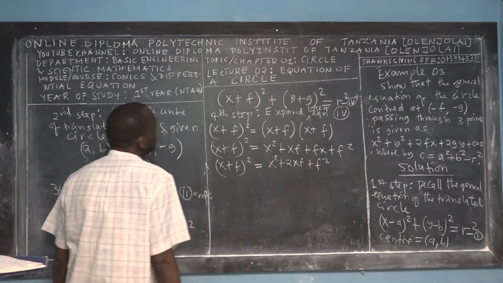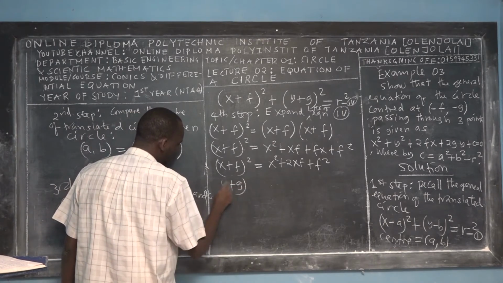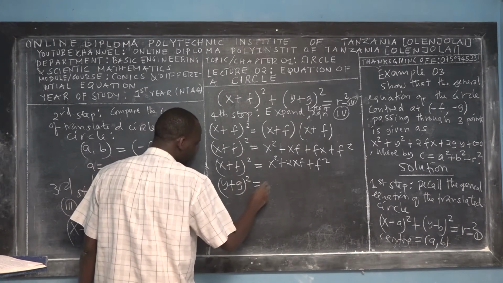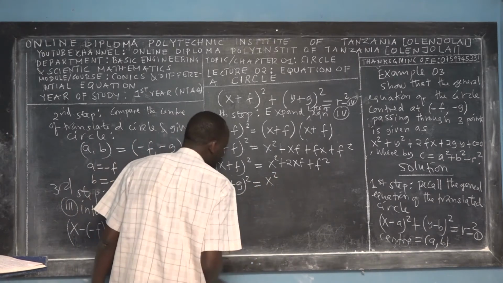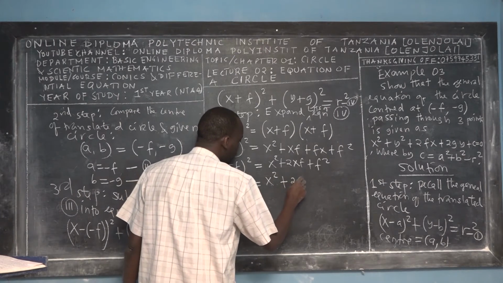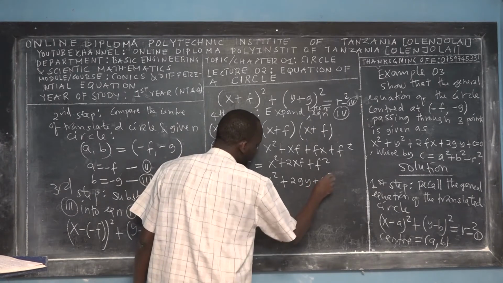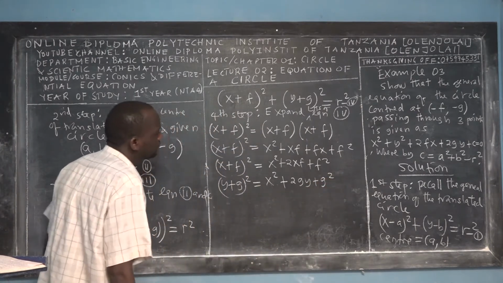Okay. So similarly for y plus g, if you follow those procedures, the final result after expansion, because this is what you have covered in Form 2, is y squared plus 2gy plus g squared. Right?